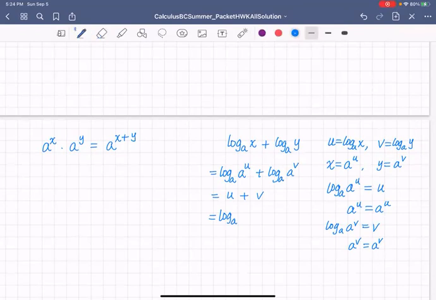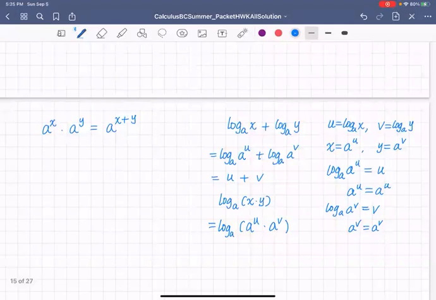And u plus v, let's check over here. We can also see log a of xy. Who is x? a to the power u, right? Who is y?